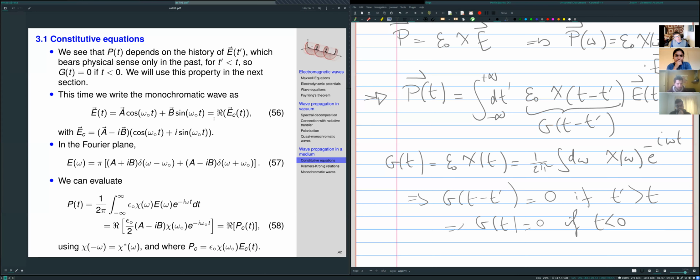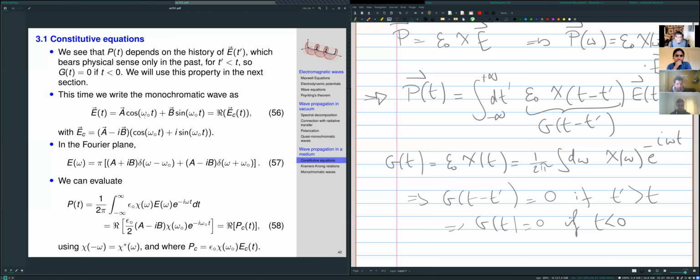And this would be the real part of a complex electric field. In order for the real part to look like this, one can propose this expression for the complex electric field.